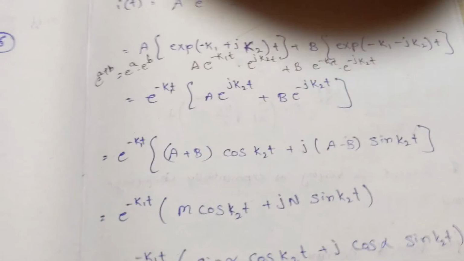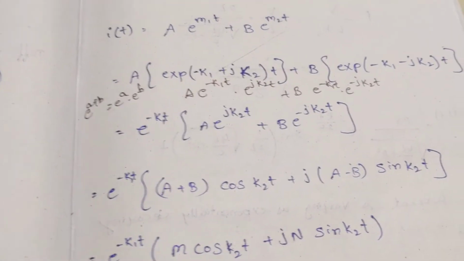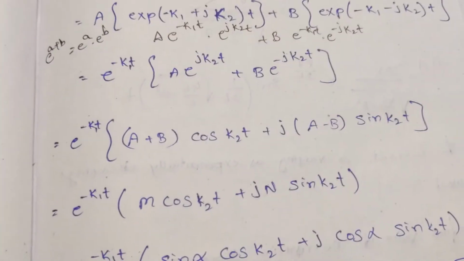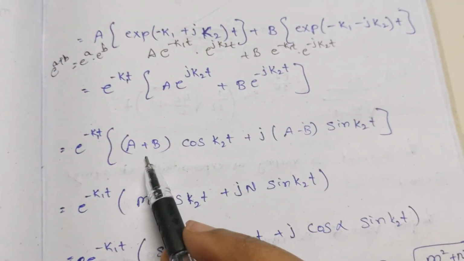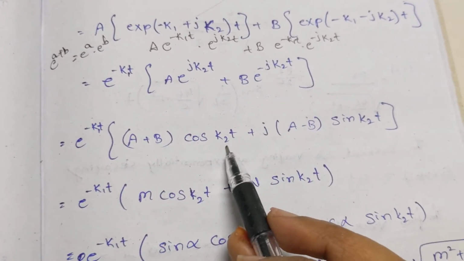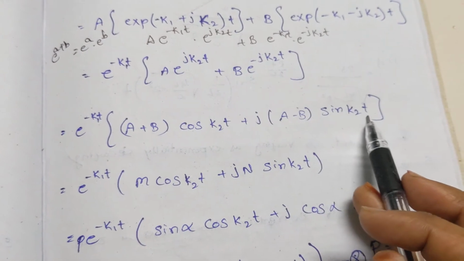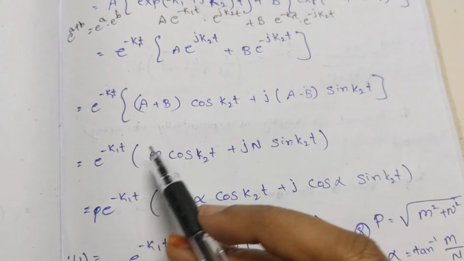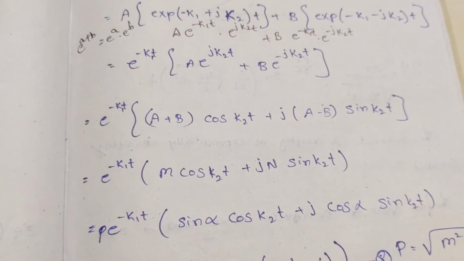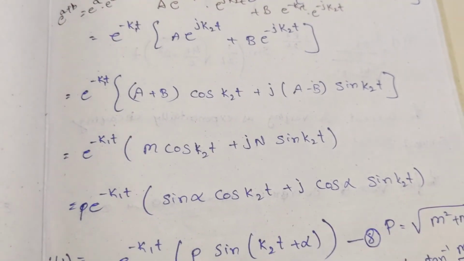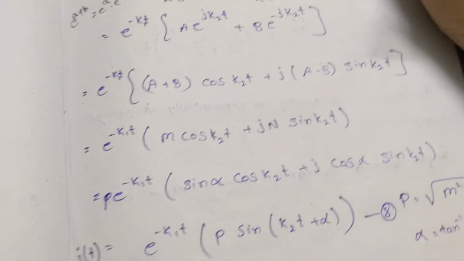Replace these elements with (a plus b) cos k2 t plus j (a minus b) sin k2 t. These terms will be available in your complex numbers, so if anybody is interested in going through those basic formulas, you can follow them in your M2.